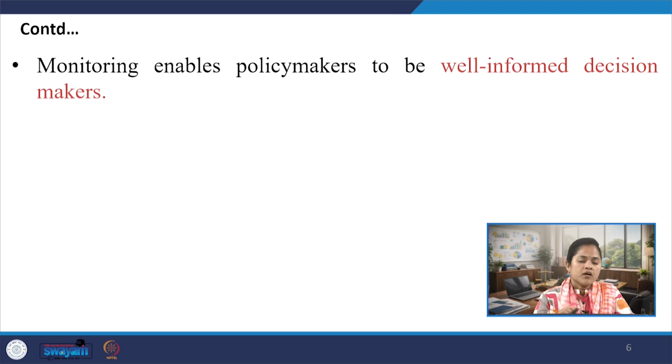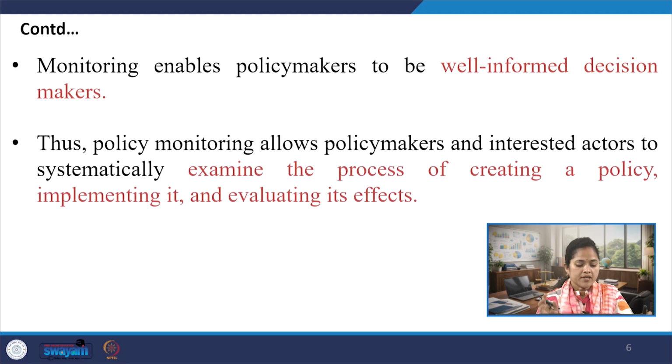If this information is found by the policy monitors or even policy makers, then the policy makers will be in a better, well-informed position to take better decisions.